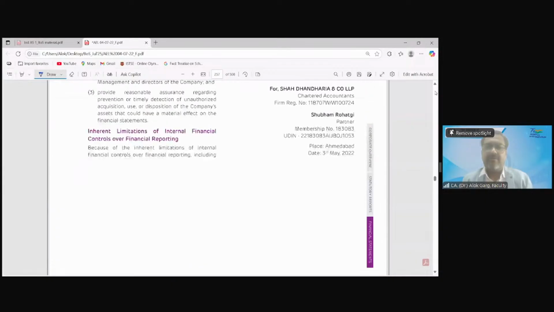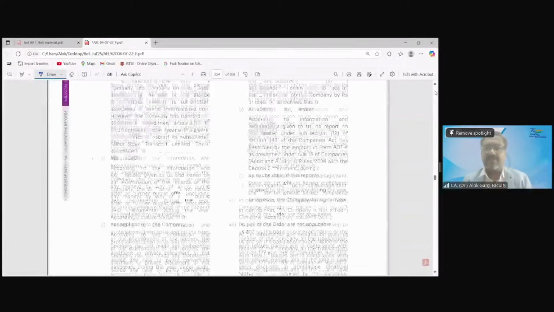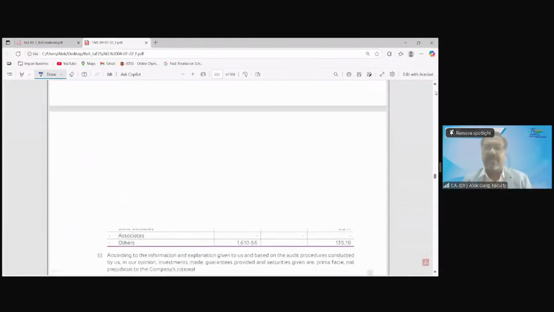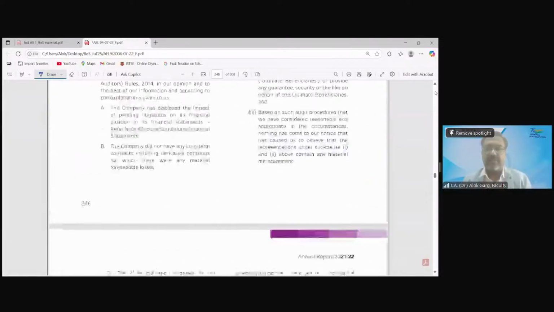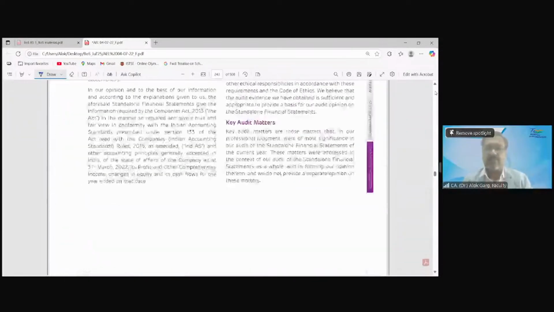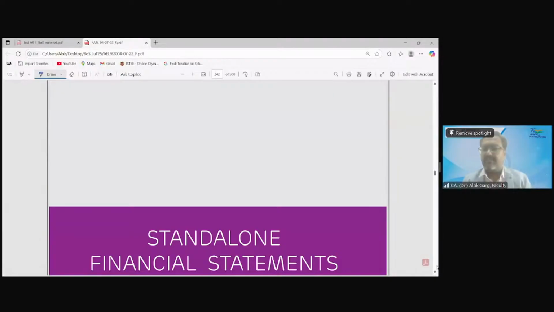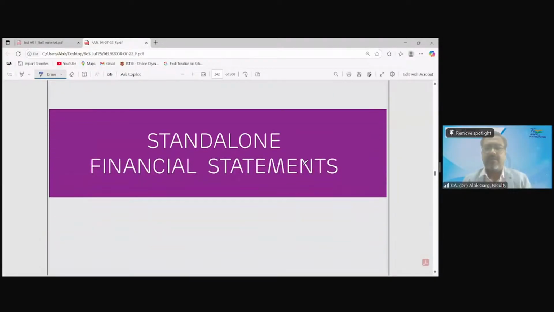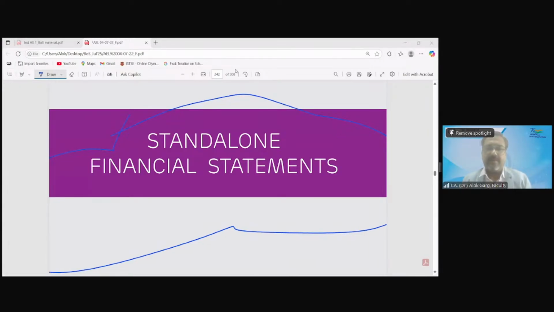And when you go to this balance sheet, they have written standalone balance sheet. Let me show you the standalone financial statement. So this section they have called out. What is the name of this section? Standalone financial statement. Okay.